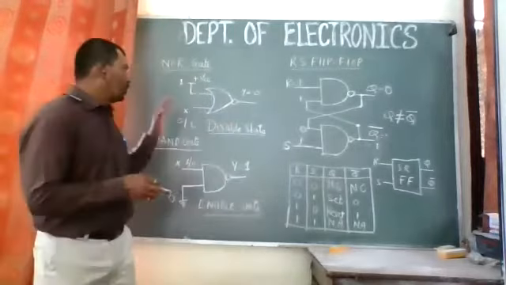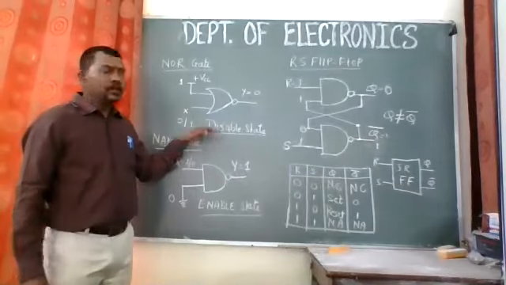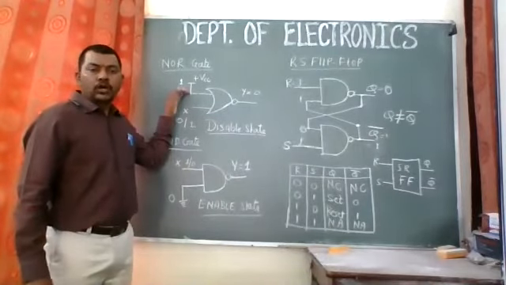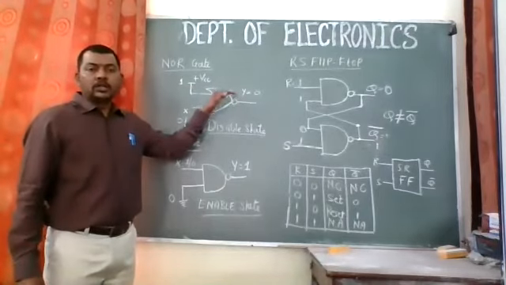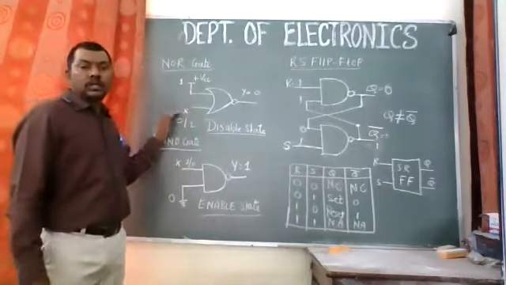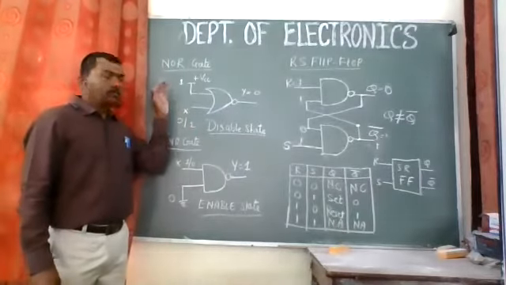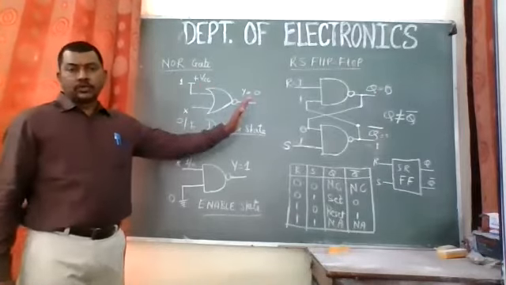So that is why I have told you about the NOR gate when it is in the disable condition. Whenever one of the inputs to a NOR gate is kept at high, the output of this NOR gate will become 0. We will not care about the input given to the second. So if one of the inputs is high, then the output remains at 0.